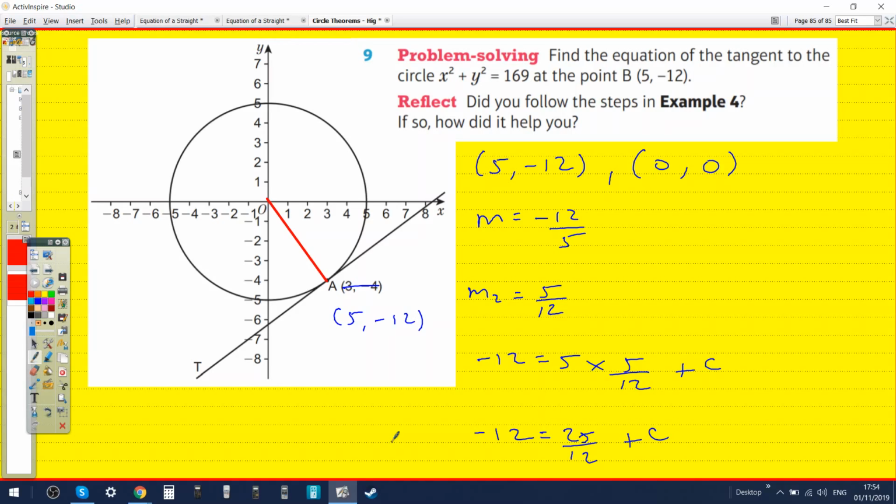12, 25 minus 12 over 12 minus 12, gives us 108 minus 119 over 12. So that's the constant. Okay.